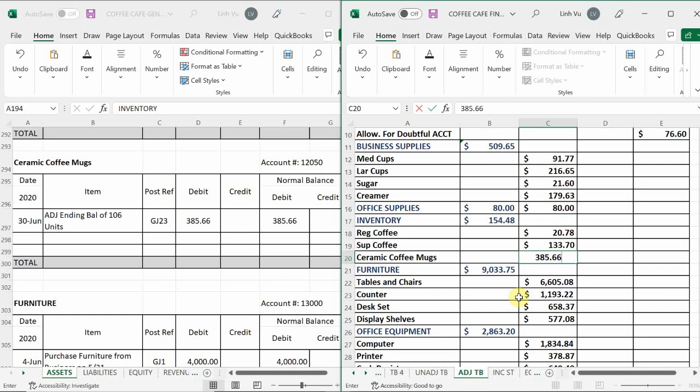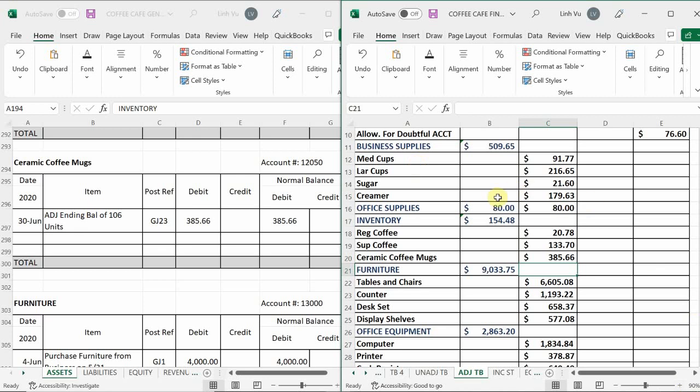Yes, but what's my total value? I can't journalize. 106 cups left. I have $385.66 left in my ceramic coffee mugs.